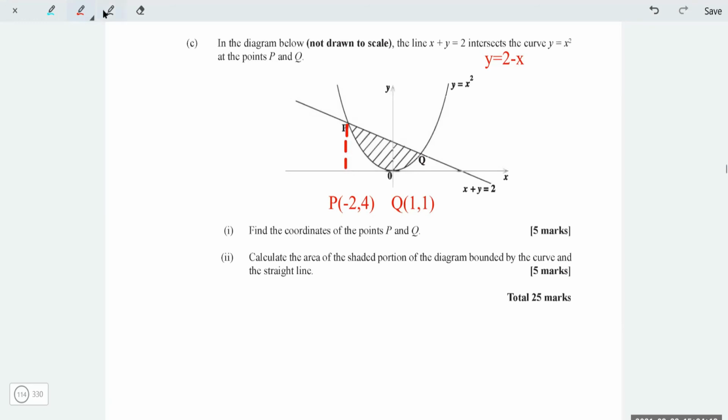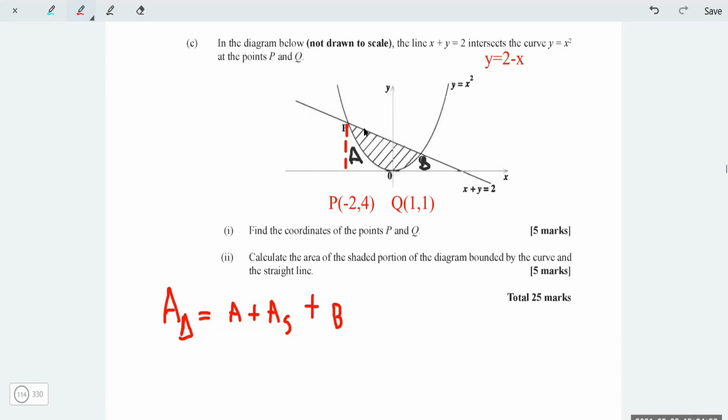I'm going to call this portion A, and this portion over here B. So pretty much this is a big triangle, and the area of the big triangle is equal to A plus the area shaded that we want plus B. So all we need to do is find out what is A and what is B.